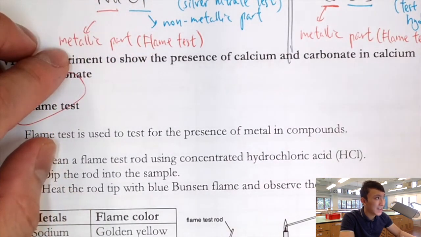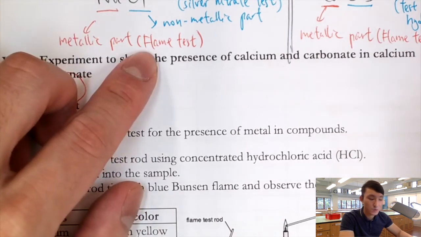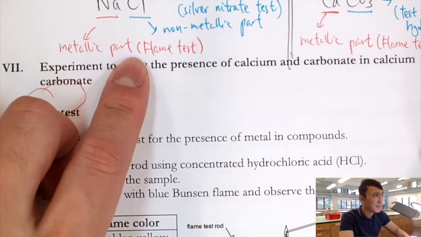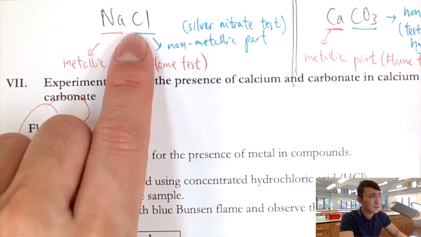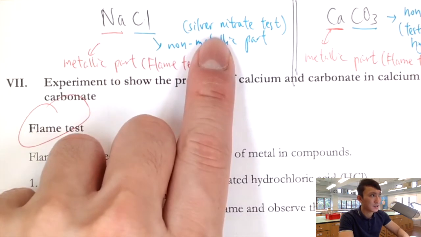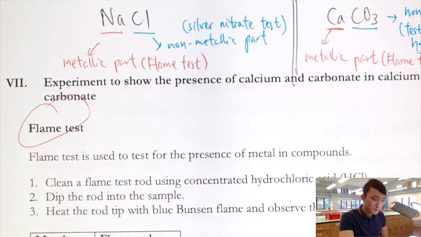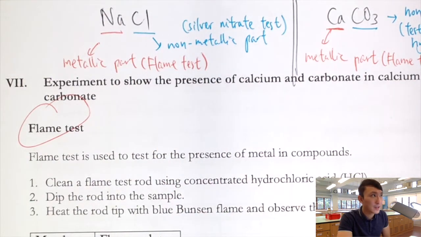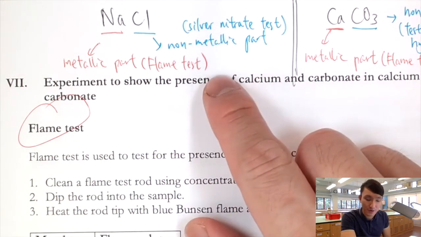Now, if you want to test the metallic part, we use a flame test. We want to look for a golden yellow flame. Okay? And if you want to test for the presence of chloride, then we have a silver nitrate test. Silver nitrate test will give a white precipitate when the sample contains chloride. Okay? So this is what we did before.